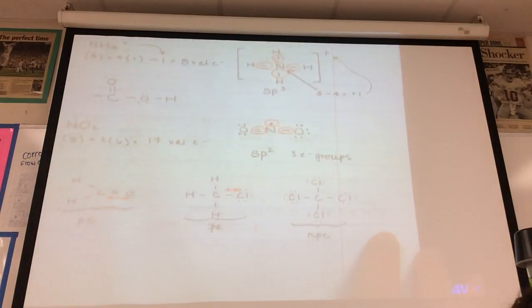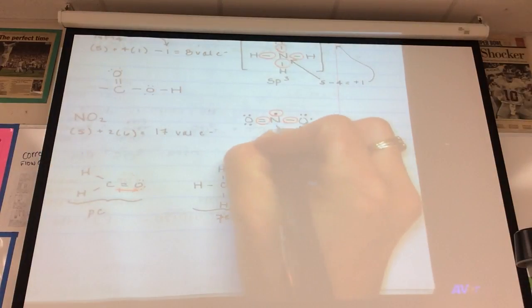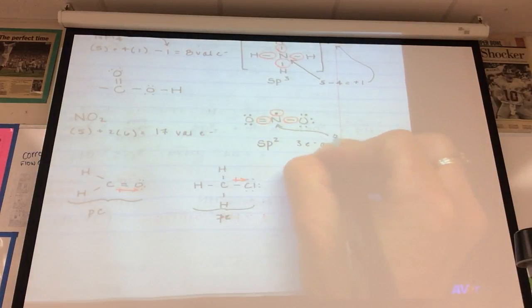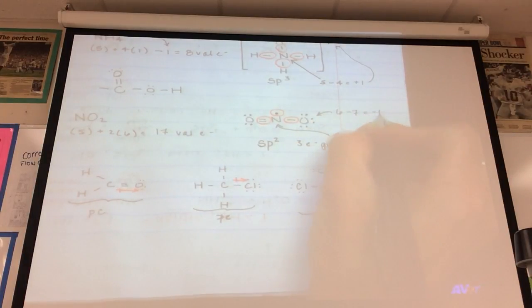Nope, it can be for everything. So if you look at this one right here, this nitrogen, again, 5 minus 4 is +1. And on the oxygen, you'd have 6 minus 7 is -1.